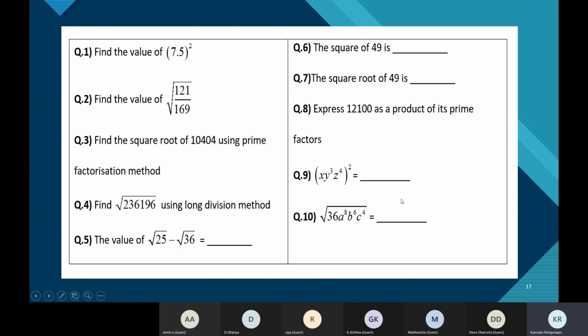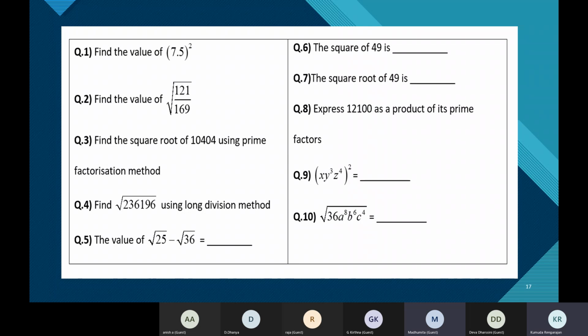From a pair of equal factors, we bring one of it out. The same idea. Whatever you do with numbers, extend the same idea to the letters here, a, b, c. So if there are 10 a's, 5 a's come out of the square root, like that.